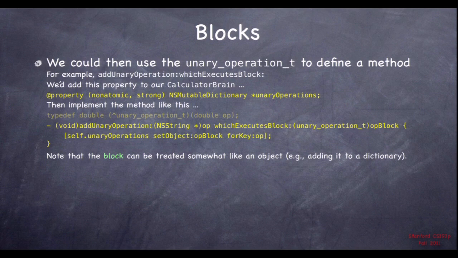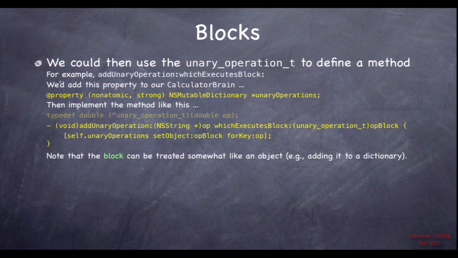Now, notice that we're treating a block like it's an object. You see how we're adding it? We're saying setObject, a block, forKey, this string. And we can do this, and it's perfectly legal, and blocks are kind of like objects. They're not really objects, though. They're similar to objects. You really don't send them any other messages.